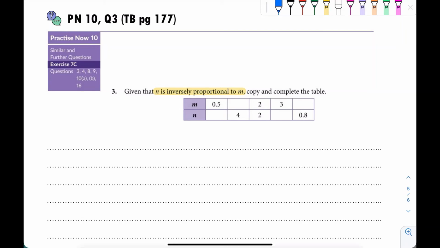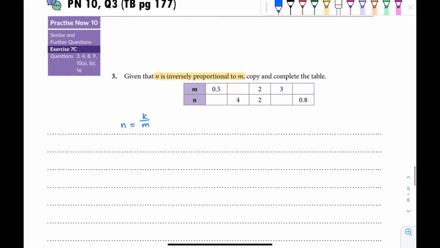So since n is inversely proportional to m, we put that n equals k divided by m. So with n equals k divided by m, we have a complete pair of information over here, which is that m equals 2, n equals 2. So we substitute it into the first equation that we had.